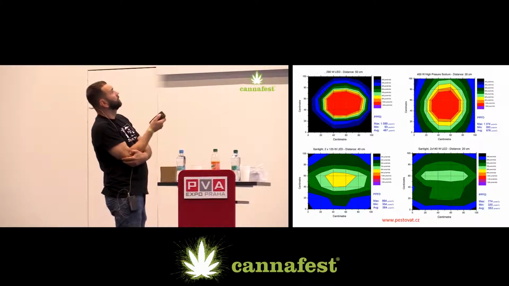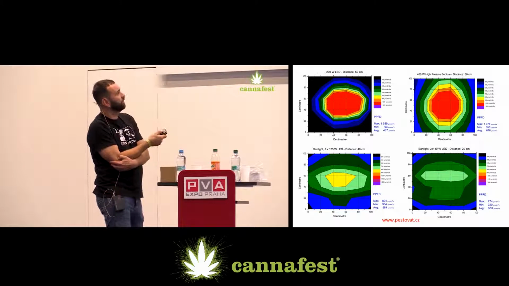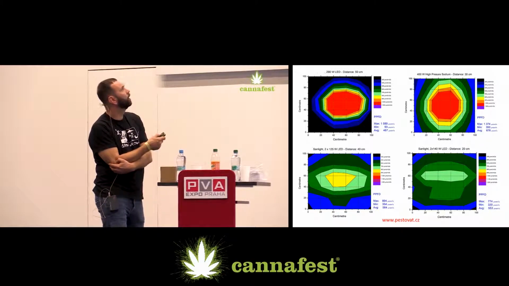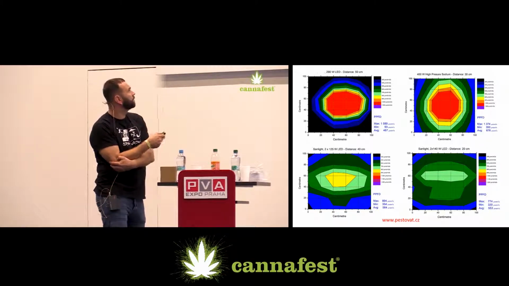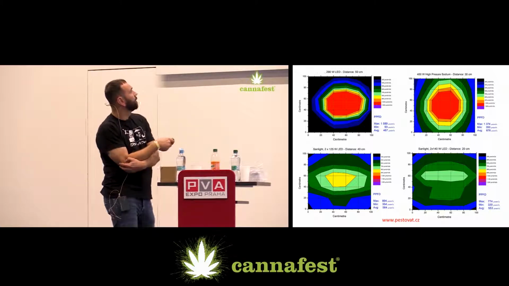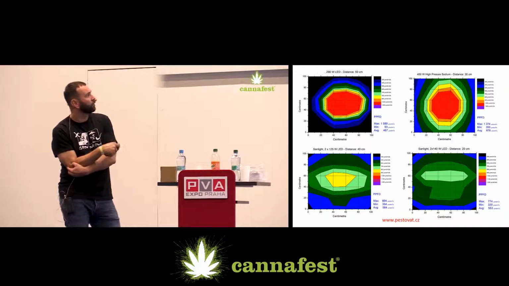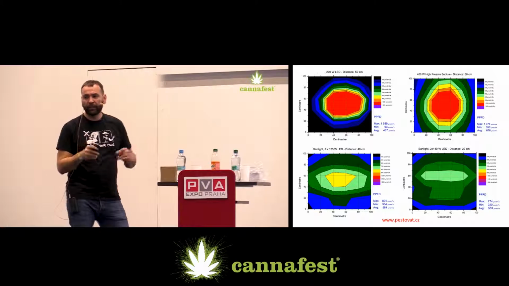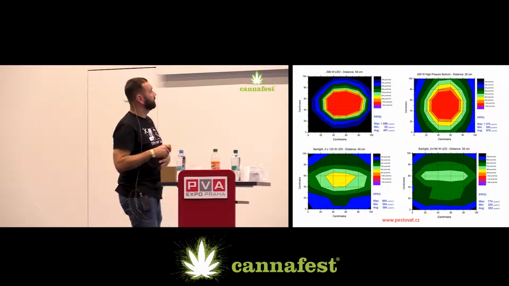Here, for demonstration, this is a comparison of a 400 watt sodium lamp. This is the rectangular module 50 centimeters away. And here at the bottom, it's 2 modules using the elongated shape.